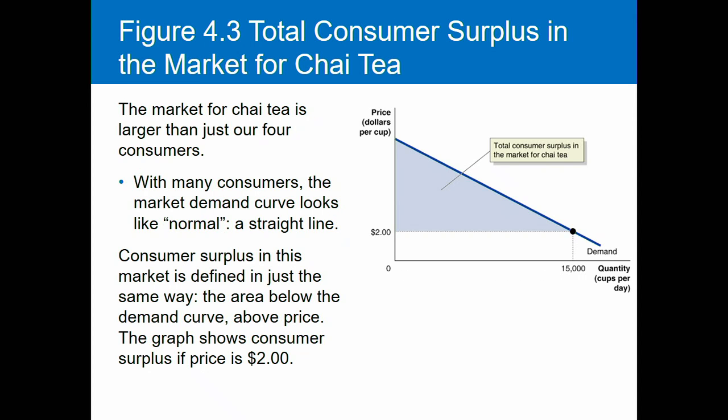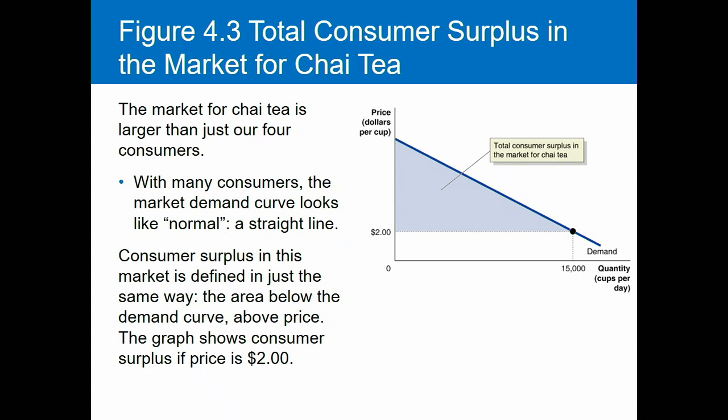So if we want to put together a real market, here's a demand curve that looks more like a normal demand curve. Rather than being steps, it's a straight line because we have a much higher quantity of people in the market. So it's much more like a normal market. Consumer surplus is defined exactly like we did in this very small market. It's the difference between this demand curve and the price that's being sold.